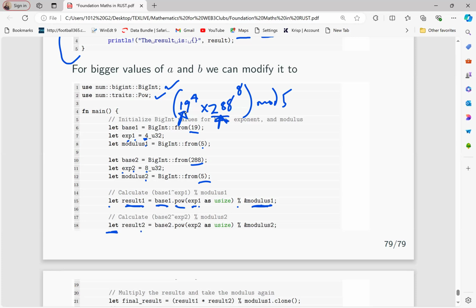The second result, result 2: you take base 2, which has been defined, raised to power exponent 2, which has been defined as 8, and then find the remainder on division by modulus 2, which also has been defined as 5.